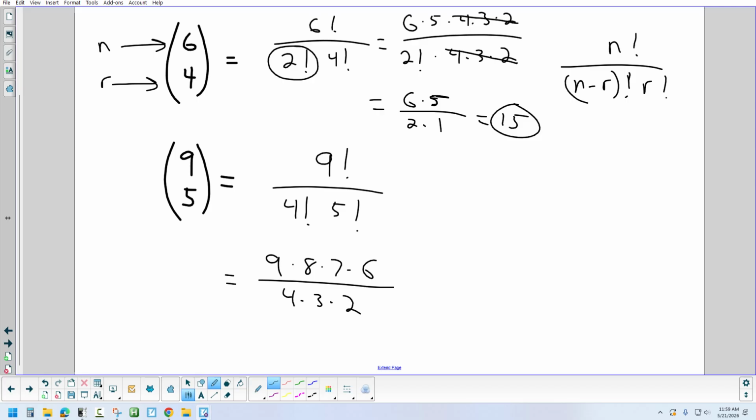Factorials never come out to decimals. Well, 3 times 2 cancels that. And then 4 goes into 8 2 times. So we're left with 9 times 2 times 7. Well, 9 times, let's do that part first. What's 9 times 7 give me?